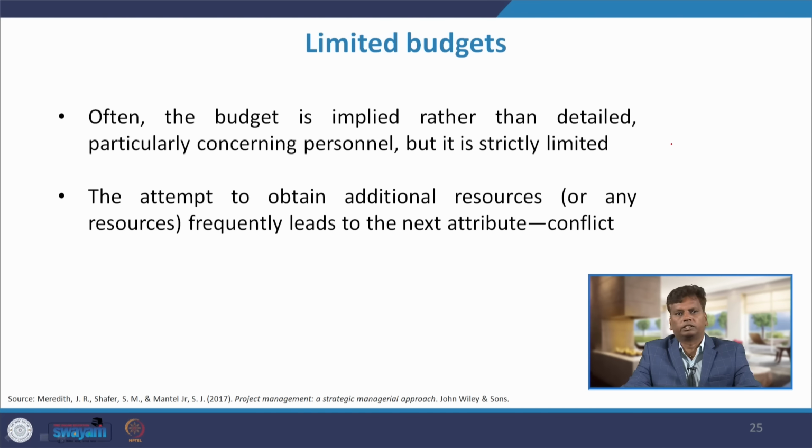Over the project duration, we will realize that we need more money, more budget for personnel. So, this budget is always limited. The attempt to obtain additional resources frequently leads to the next attribute called conflict. We will study conflict in detail in coming lectures. So, these are some of the characteristics of the project.